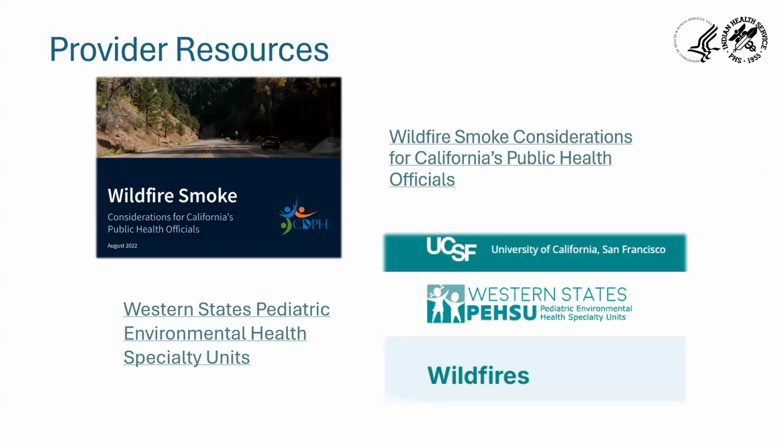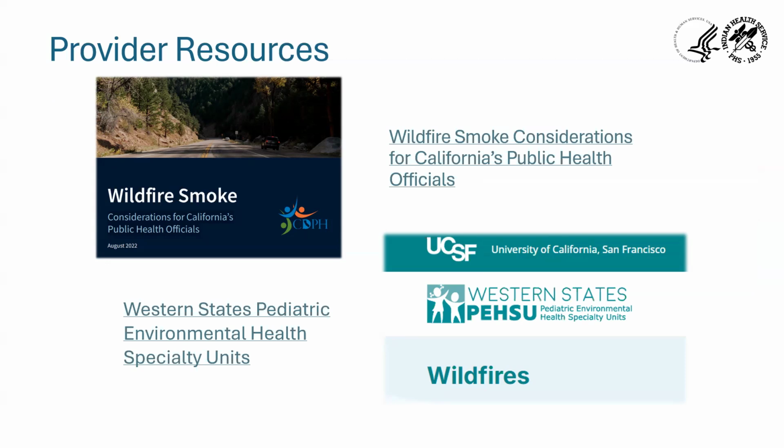Another one is the Wildfire Smoke Considerations for California's Public Health Officials. It contains a lot of useful information, such as information on conducting a community vulnerability assessment. Also, Appendix B in this document has tons of links to resources from a wide range of sources.